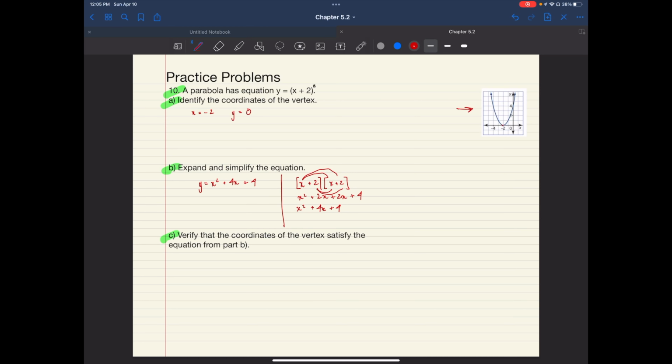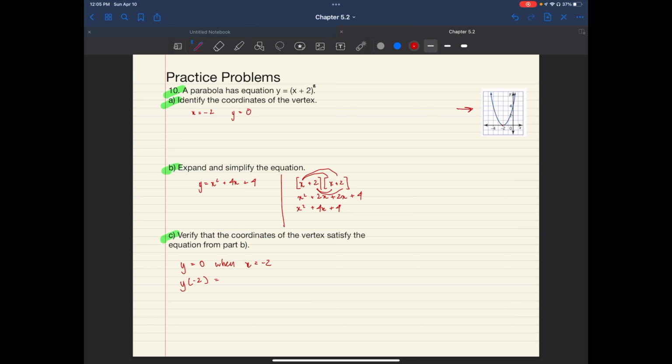Verify if the coordinates of the vertex satisfy the equation from part B. Okay, so we know y must equal 0 when x equals -2. So y evaluated at x equals -2.